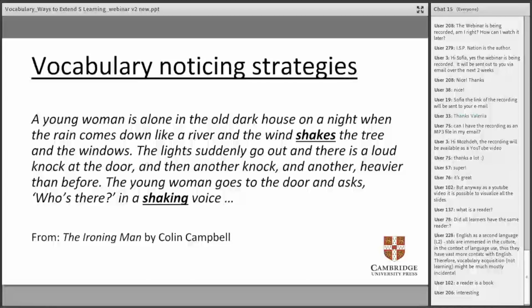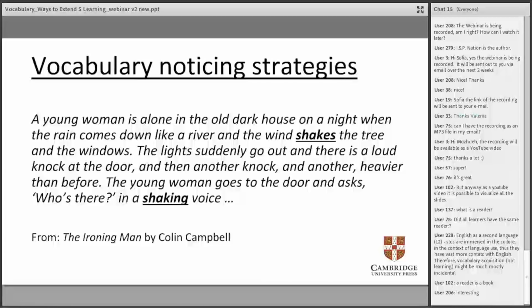Obviously the two words I've highlighted here are the word shake. First of all, it's used as a verb, and in the second, it's used as an adjective. In this particular segment, this is what the woman is imagining. She's heard a knock at the door. In fact, it's the ironing man who's knocking.